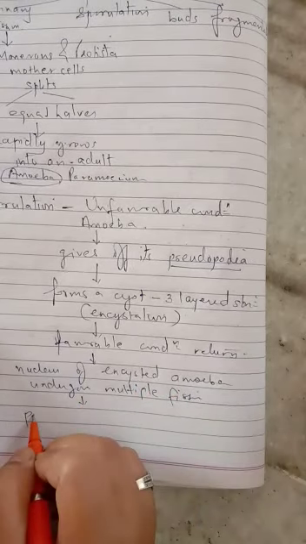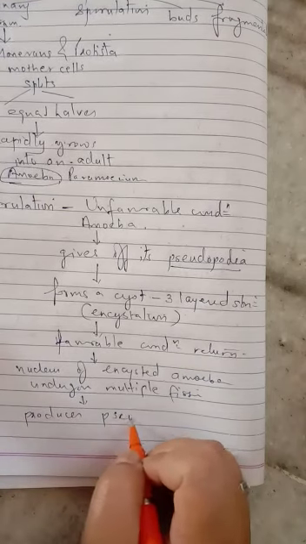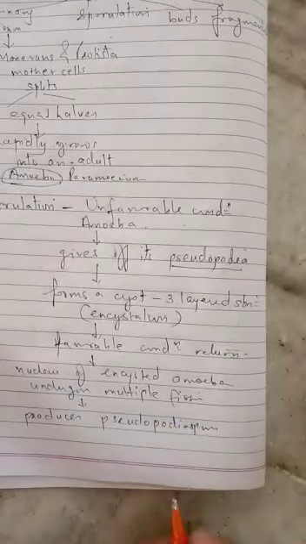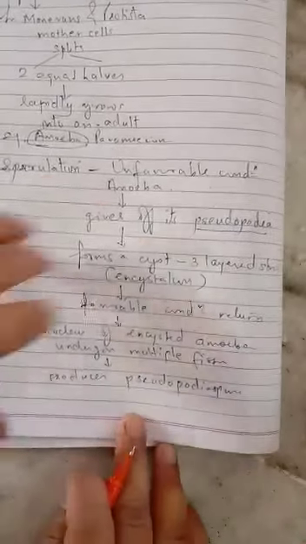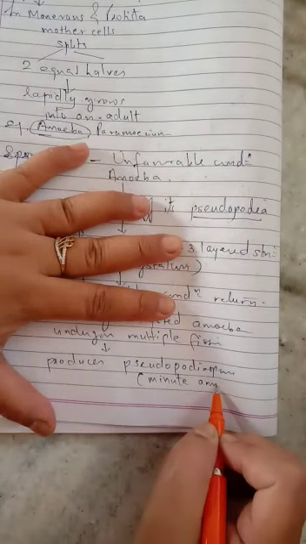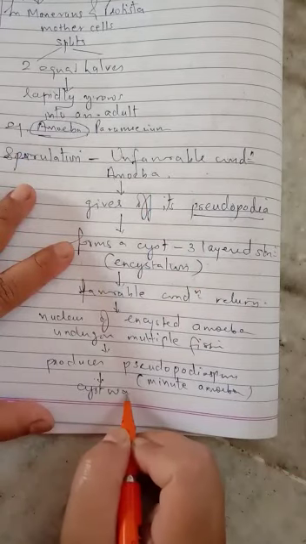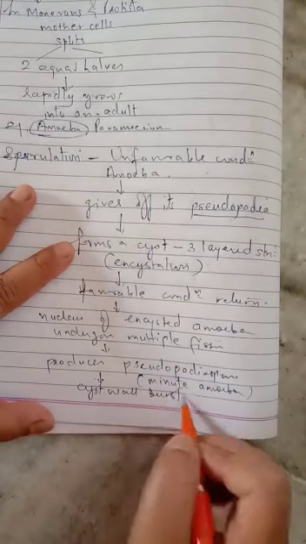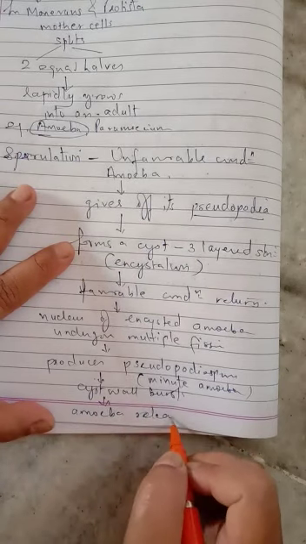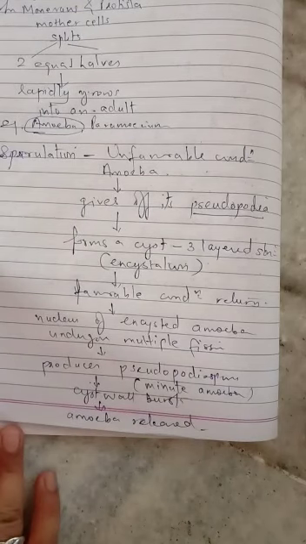And it produces numerous pseudopodiospores. Now what is the meaning of pseudopodiospores? Pseudopodiospores means minute amoeba. आ रहा है समझ में? Then the cyst wall bursts and the amoebas are released, right?